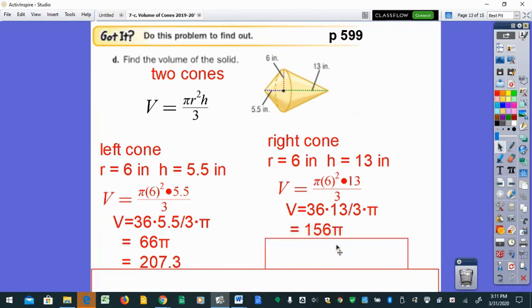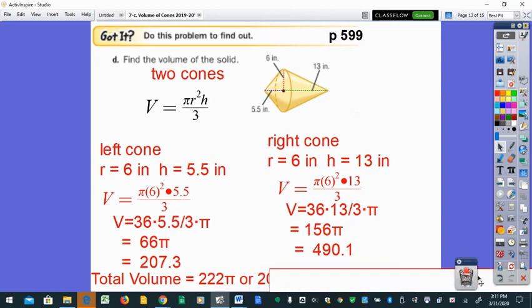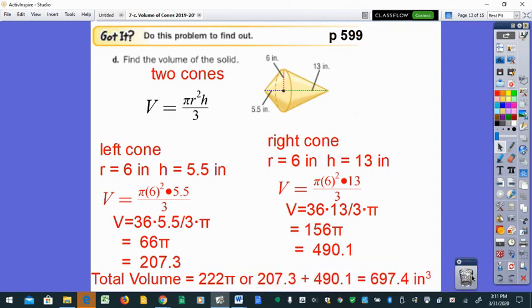I'm going to multiply pi and get an approximate answer of 490.1 inches cubed, and I'm going to add these two together. Now, if I add the two exact answers together, I would get an exact answer of 222 pi. And if I needed to do an approximate and I add the 207 and the 490 with their decimals, it works out to be about 697.4 inches cubed.